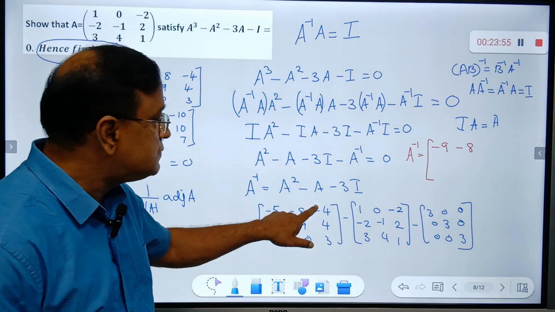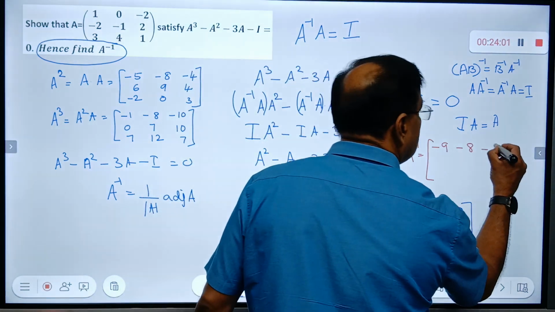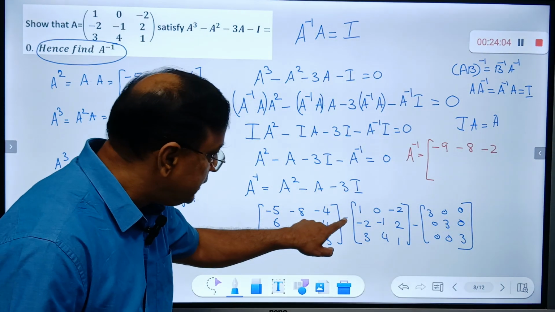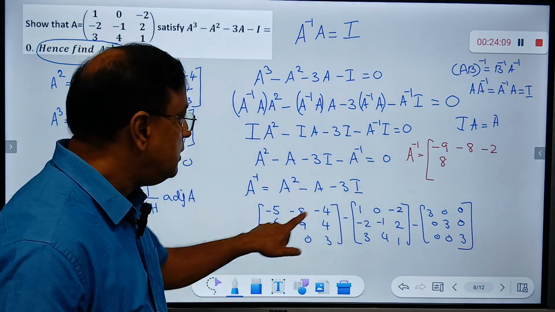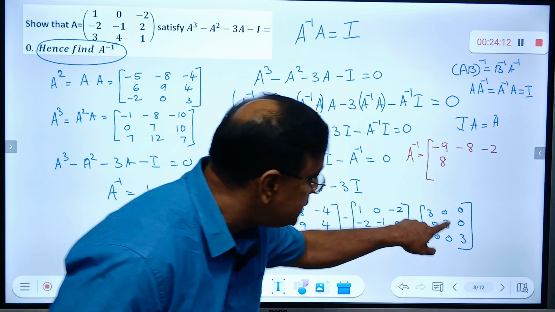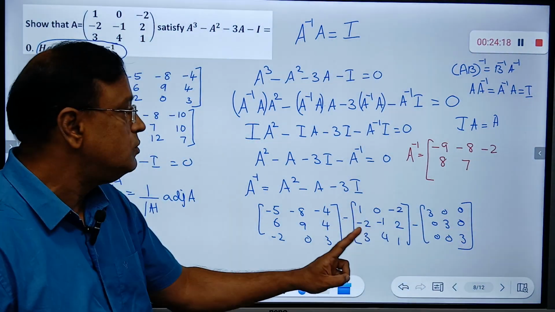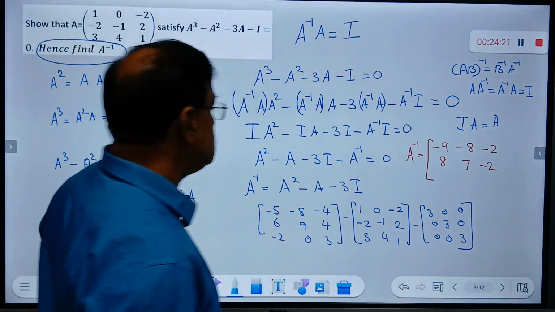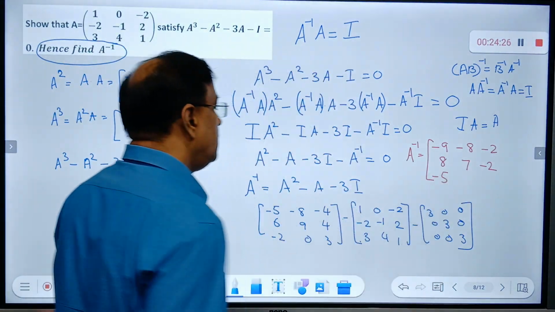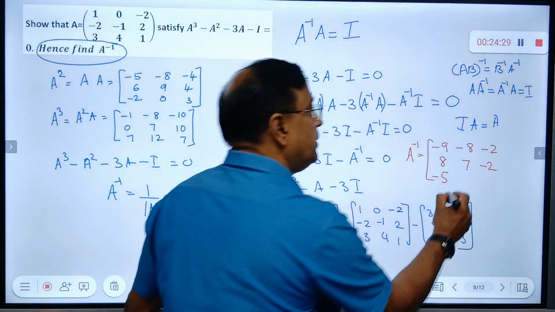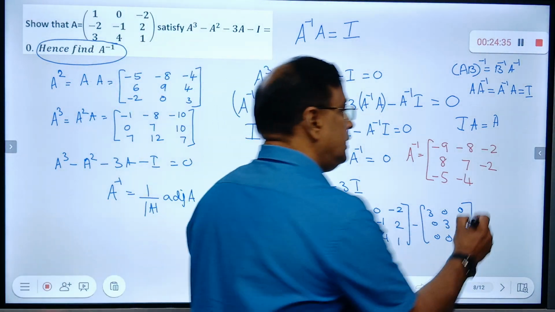Then minus 4 minus of minus 2 is minus 2. 6 minus of minus 2 is 8. 9 minus of minus 1 is 10. 10 minus 3 is 7. 4 minus 2 is minus 2. The other element is 0. Minus 2 minus of minus 3 is minus 5. 0 minus 4 is minus 4. And 3 minus of 1 is 2. 2 minus 3 is minus 1.